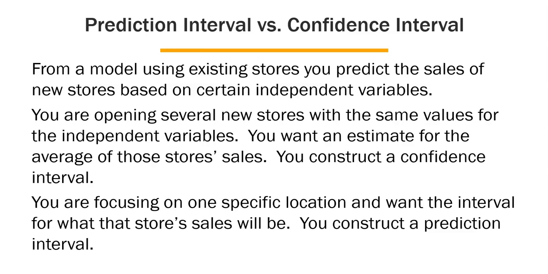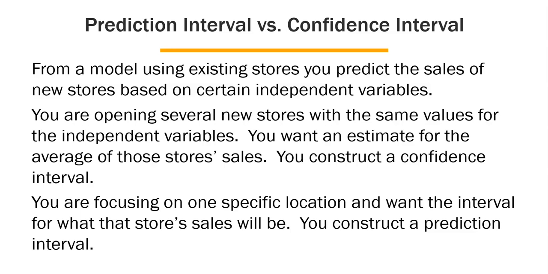You're opening several new stores. They've got the same values for the independent variables. The stores are the same size, the cities where they are going to operate are the same size, the residents have the same average income, whatever your variables are, you've got the same values there. So you want an estimate for the average of those store sales.